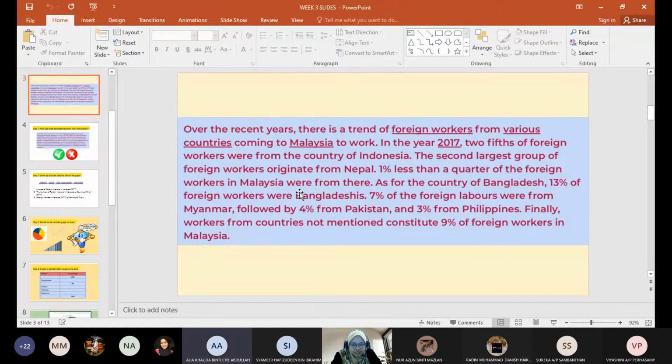Yes, madam. Okay, over the recent years, there is a trend of foreign workers from various countries coming to Malaysia to work. So this is just the main idea tentang keseluruhan artikel ni pasal apa. In the year 2017, 2/5 of foreign workers were from the country of Indonesia. So the first country they mention is Indonesia, kan?